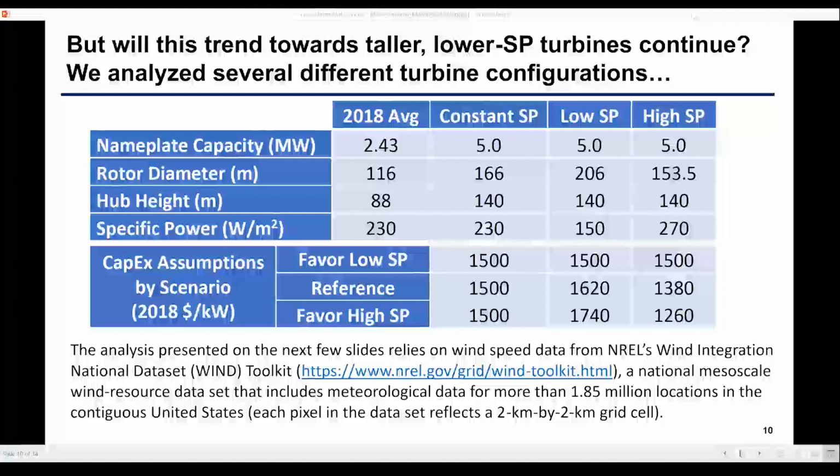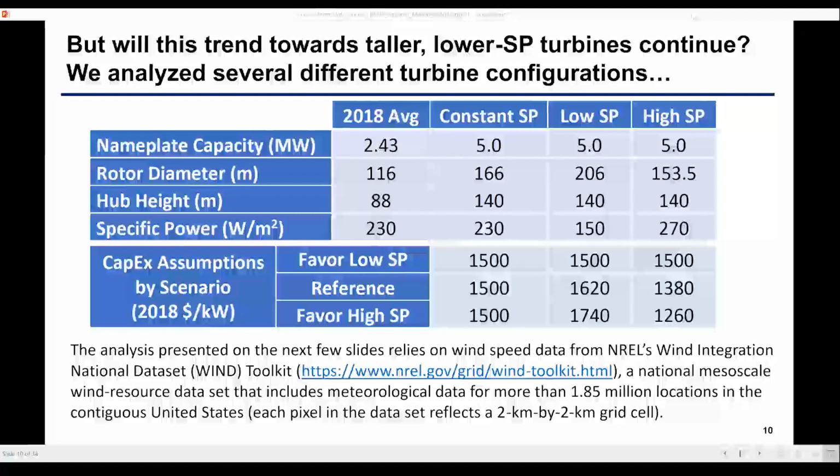Then we scaled that turbine up to the 5 megawatt class, because we wanted one turbine that was relatively analogous to our 2018 average in terms of specific power. That's our 5 megawatt, 230 watt per meter squared constant specific power turbine. We also had our low specific power, or low SP, turbine, which targets the 150 watt per meter squared level, representing a continuation of the historical trends.